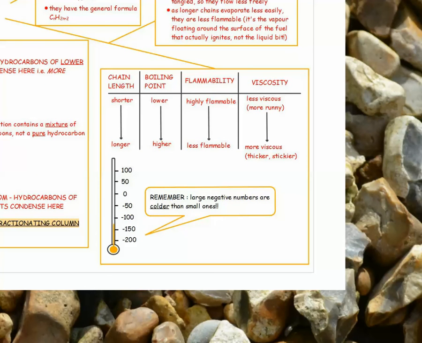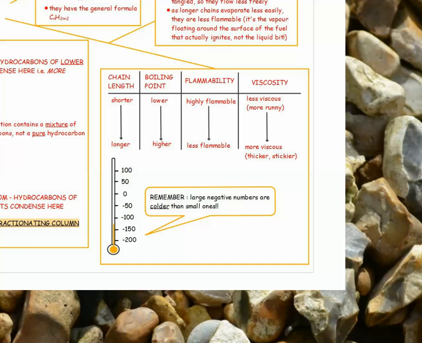So let's have a look at those trends of hydrocarbons. As the chain length increases, so does the boiling point. So the boiling point will increase with the longest chains. The flammability decreases though, so the longer the chains, the more difficult it is to ignite. And viscosity increases with increasing chain length.